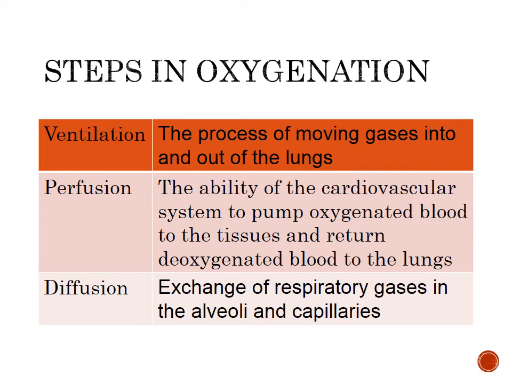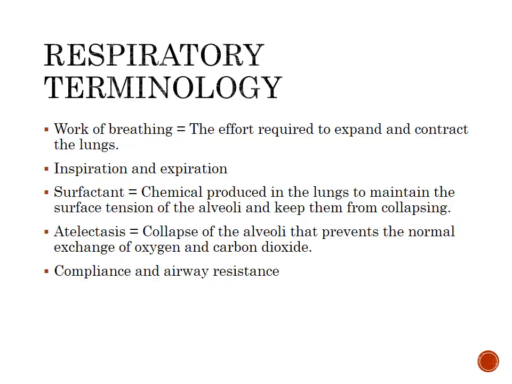That just means that our cardiovascular system pump, which has oxygenated blood, is not delivering it to the tissues during circulation. That can happen when people are in shock or there's some impairment going on. And then diffusion, which is the exchange of respiratory gases in the alveoli and capillaries.